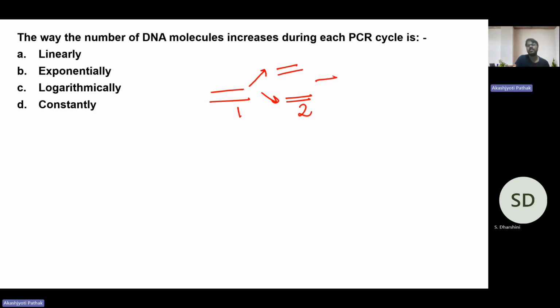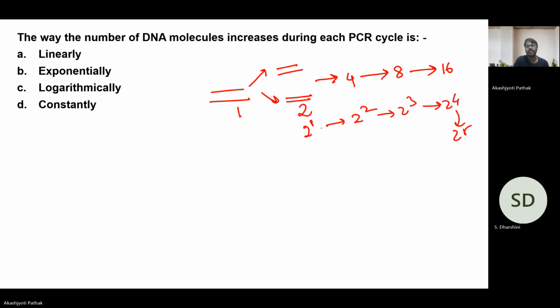You will get four. Okay. Then you will get eight. Then you will get 16. So this is exponentially increasing. So it is 2 to the power 1, then 2 squared, 2 cubed, 2 to the power 4, then 2 to the power 5. Okay.